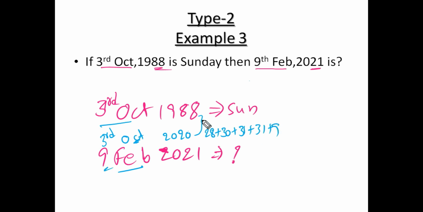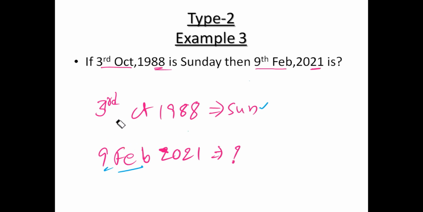After taking the year gap and these days, we add all the numbers, find the odd days, and add those many odd days to Sunday to get the answer. This is a very lengthy procedure, so don't do it this way.